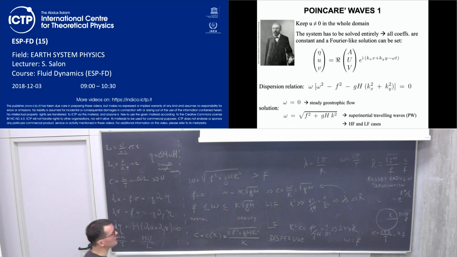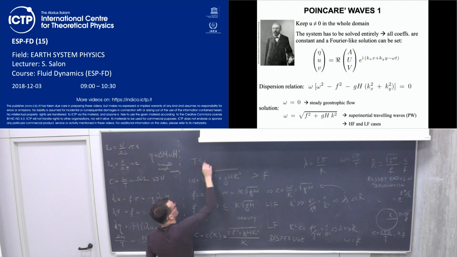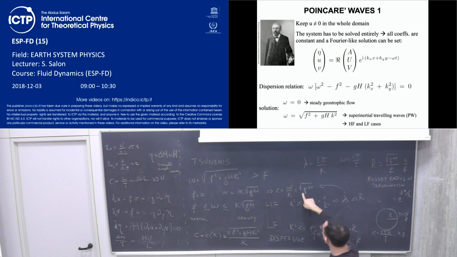And this is very interesting because Poincare waves can be used to explain tsunamis. In a very first approximation, a tsunami can be represented analytically as non-dispersive Poincare waves, which travel at c equal to the square root of gh.